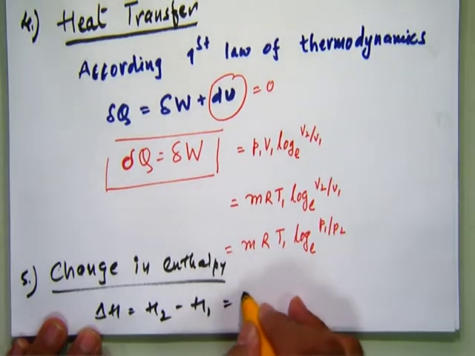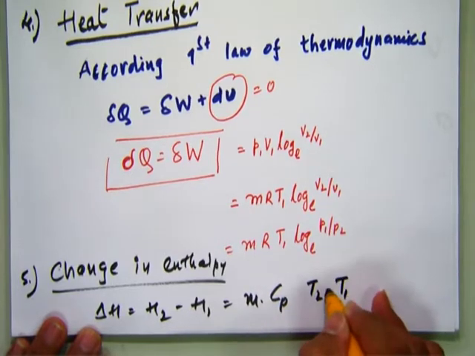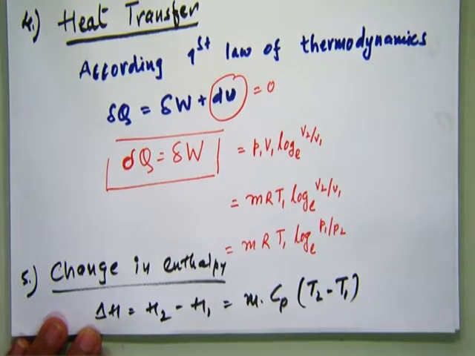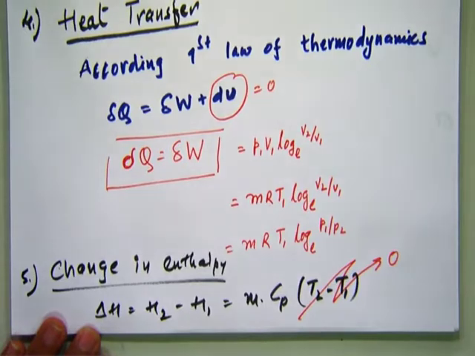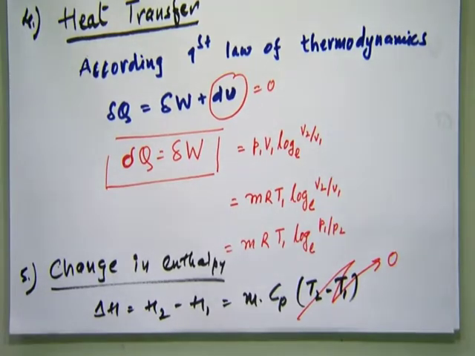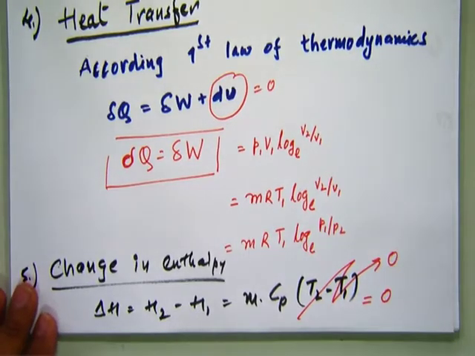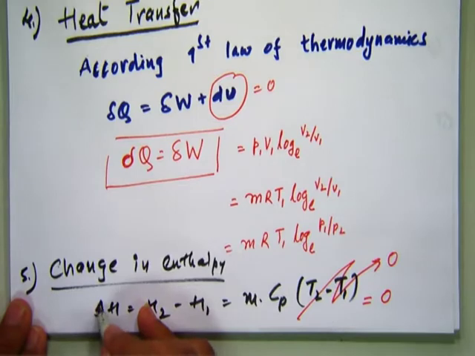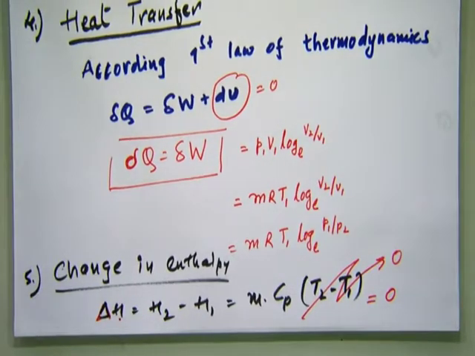So it is equal to m Cp (T2 minus T1). Now T1 is equal to T2, so this is 0. So the delta H comes out to be 0. Total change in enthalpy, delta H, is equal to 0.